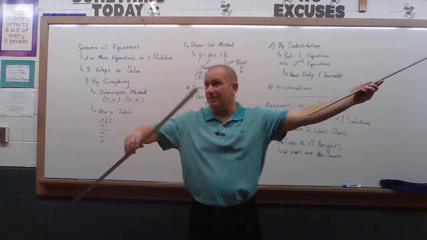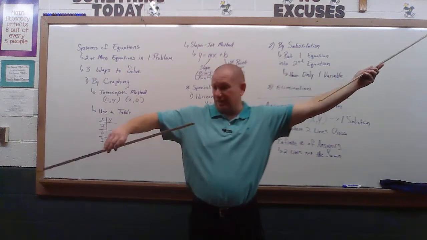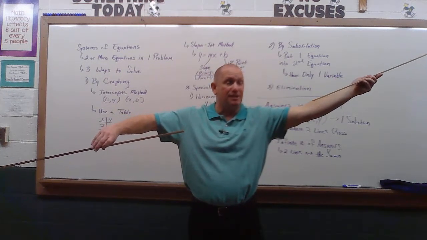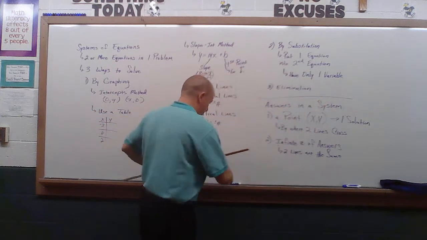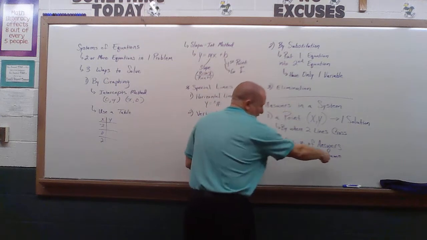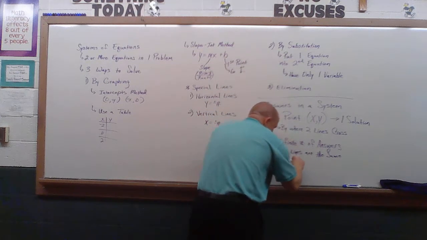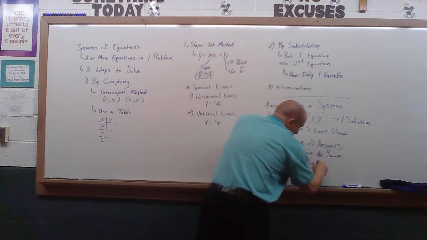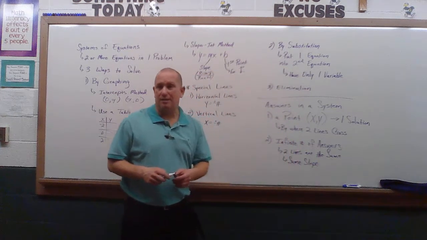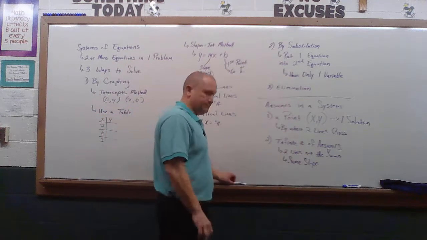What would this line and this line have in common, even though there's a gap? They're going to have the same slope. So make sure you write that down. Two lines are the same because they have the same slope. Now this isn't the definite reason why, but it kind of clues you into it.